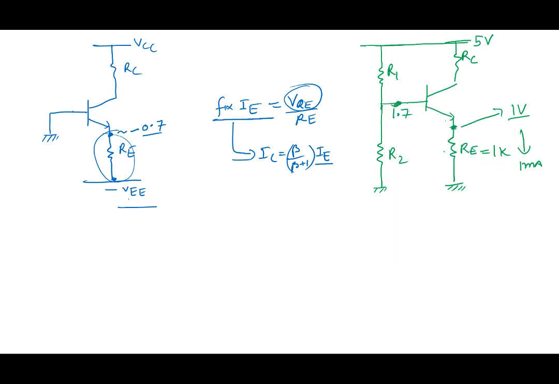This 1.7 will create a 1 volt here and will give me the value of the emitter current. That's how we arrive at this particular biasing, R1 and R2. The whole idea behind this is to create a suitable voltage here. If you wanted 2 volt, then you have to create 2.7 here.